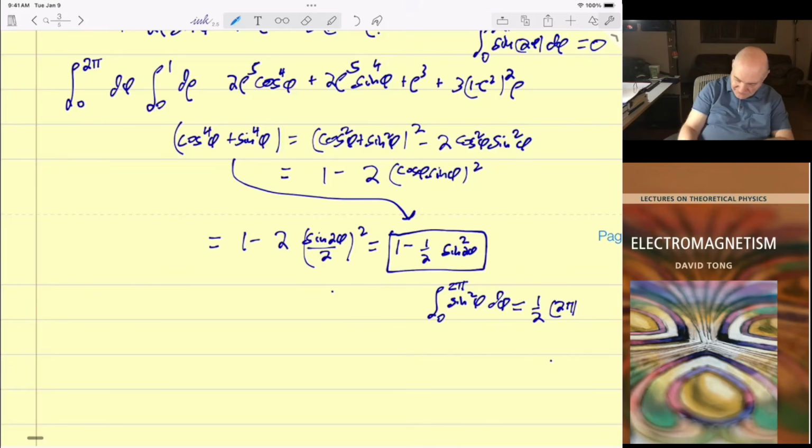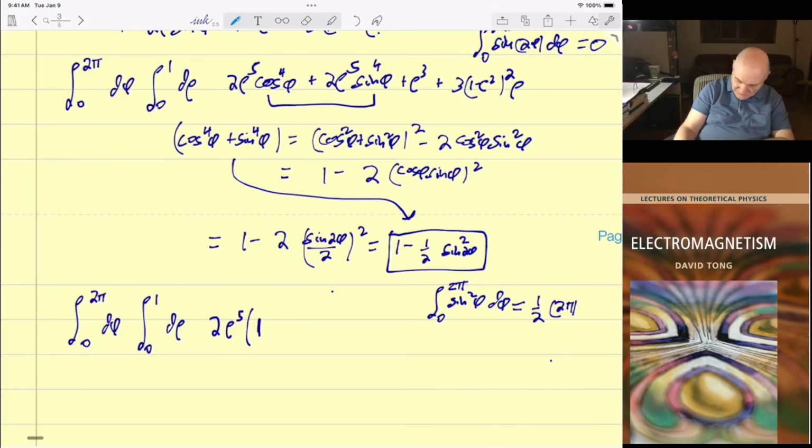So basically I can replace this. I'm still going to have the integral from 0 to 2 pi of d phi, and now the integral from 0 to 1 d rho. I'm working with these two terms here: 2 rho to the 5th, and now I get the 1.